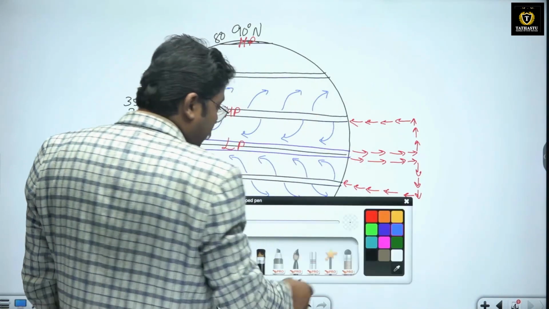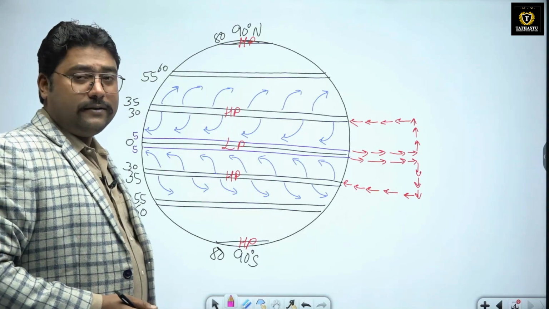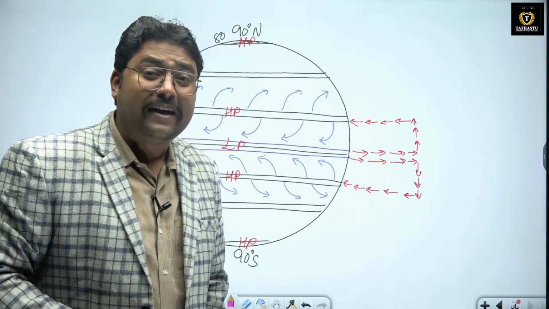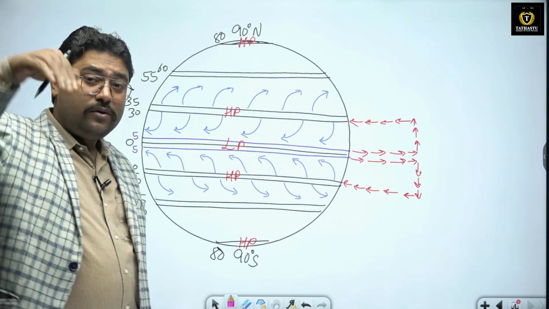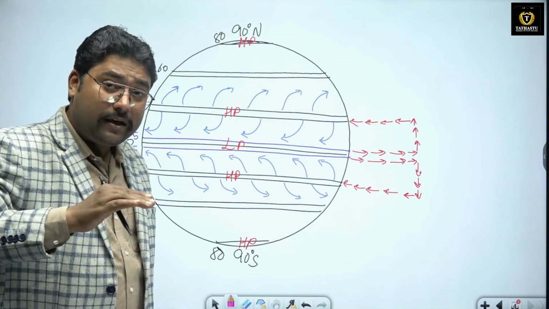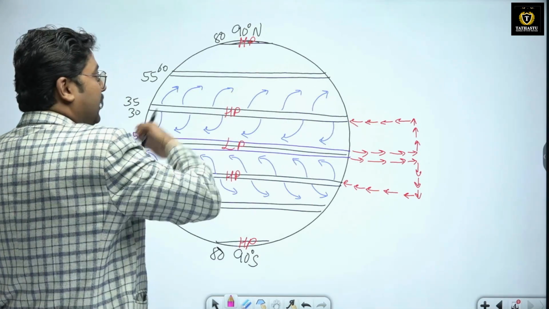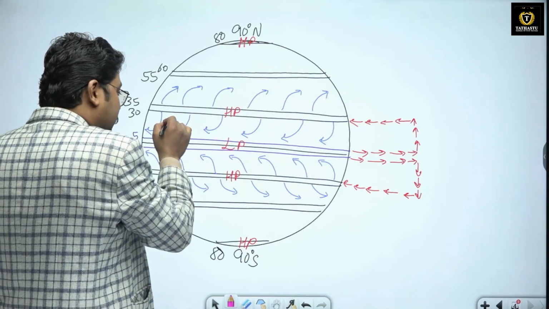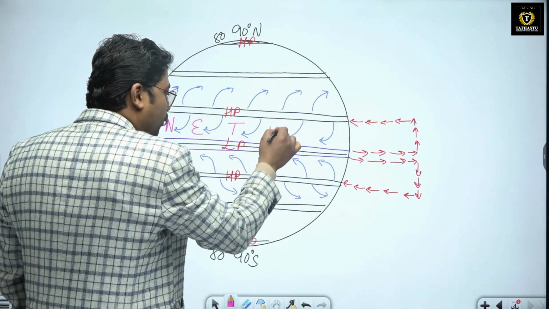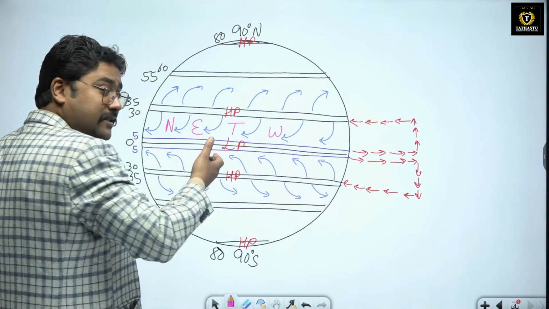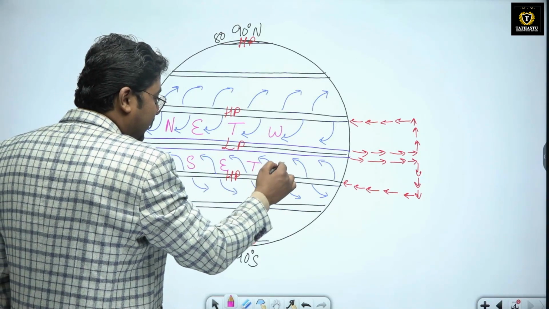The name of wind is given traditionally from the direction it is coming, means north, south, east, west, northeast. So these are known as northeast trade winds, and this one is southeast. So southeast trade wind.